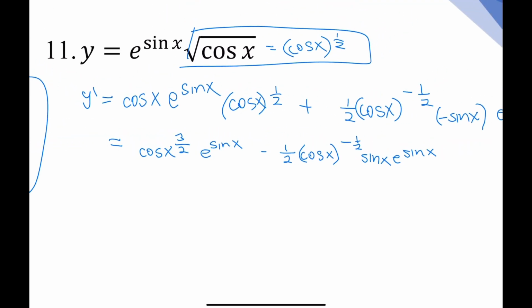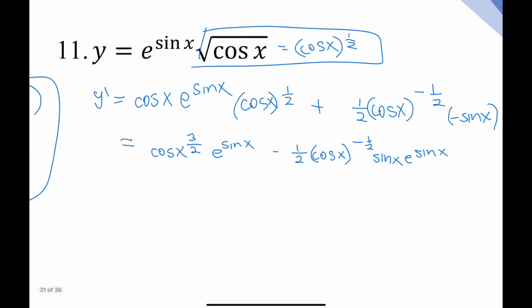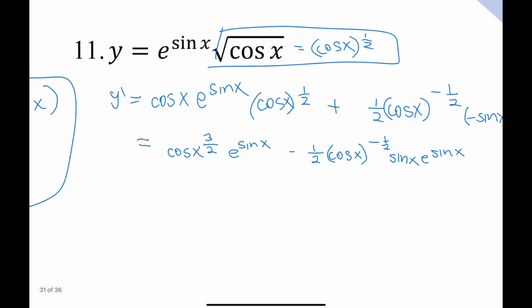Okay, so we can use the e to the sine x to factor it out. So e to the sine x times cosine x to the power of negative 1/2, and then our remaining one would be cosine squared x, right?